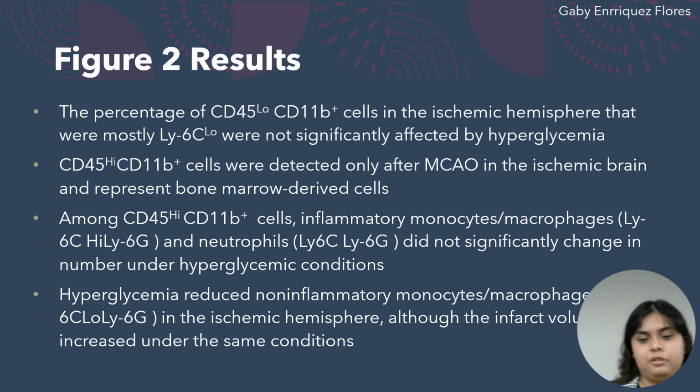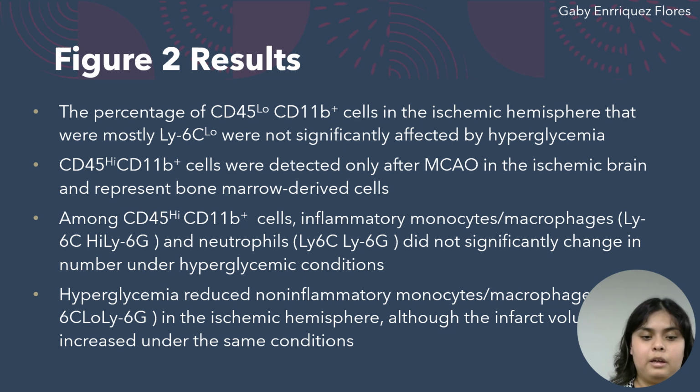Okay, just to summarize the results that we just analyzed from the graphs. The percentage of CD45 low and CD11B cells in the ischemic hemisphere that were mostly LY-6C low were not significantly affected by hyperglycemia, as we can see in the previous graphs. CD45 high and CD11B cells were detected only after MCAO in the ischemic brain and represent bone marrow derived cells.